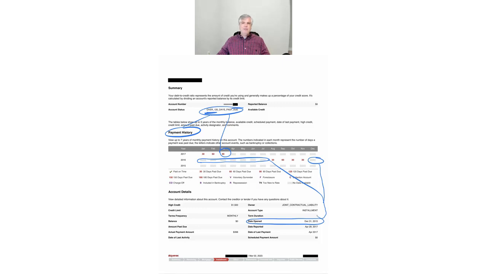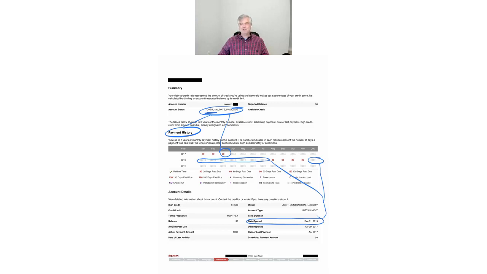And the main thing I want you to see here is if you can read under account status, it says over 120 days past due. Okay, so let's look at the payment history. Well, there is no 120 days. And even if there was 120 days, that's not going to match because this account status says over 120 days, more than 120 days.